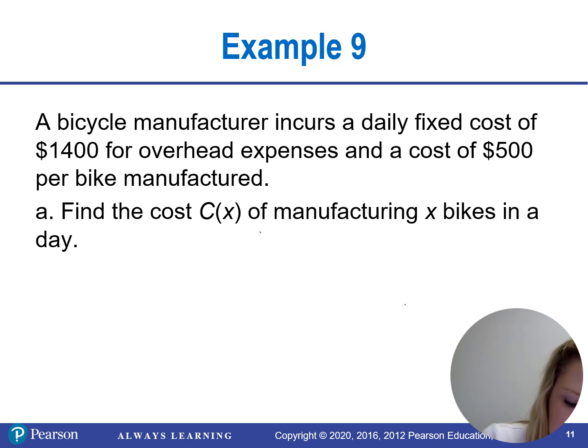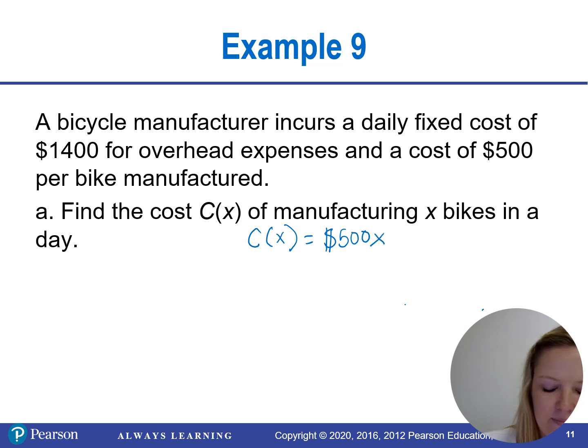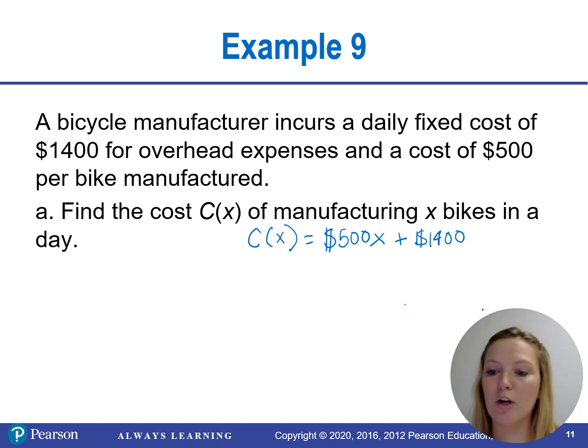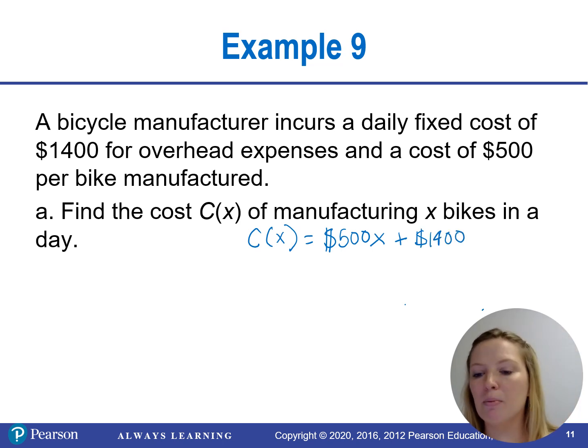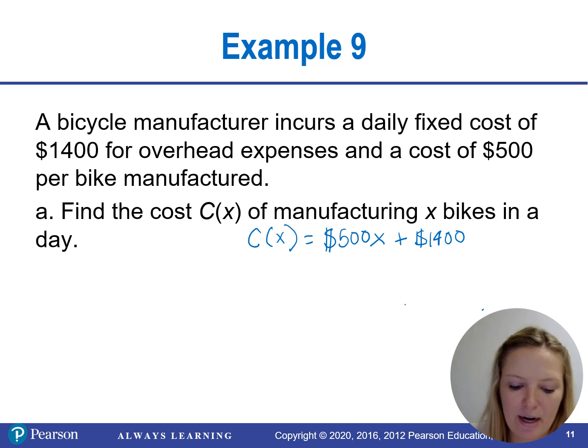The cost of producing x bikes in a day is going to be $500 per bike, so 500x, plus $1,400 as overhead costs. That's the baseline just to operate their manufacturing. So we can write our function as C of x is 500x plus 1,400.